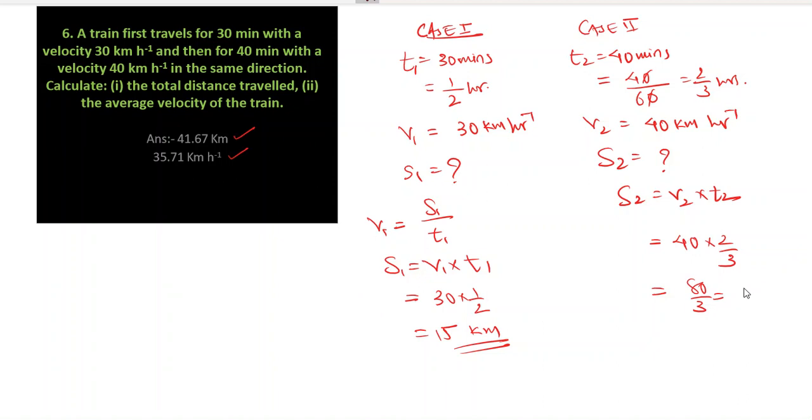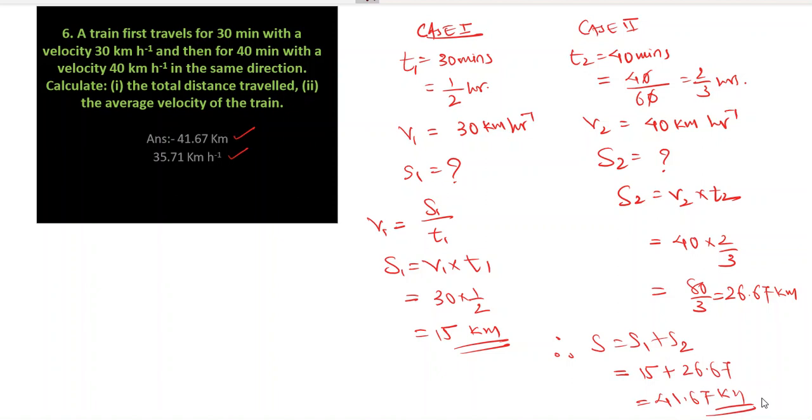So 80 by 3 in decimals, it would be, just a moment, 80 divided by 3, 26.67 after rounding off kilometer. Therefore total distance is equal to S1 plus S2, which is 15 plus 26.67, which is 41.67 kilometer. That is the total distance traveled.